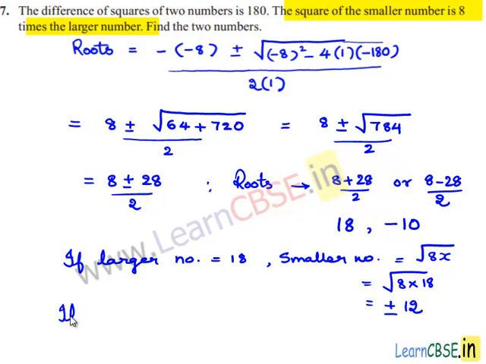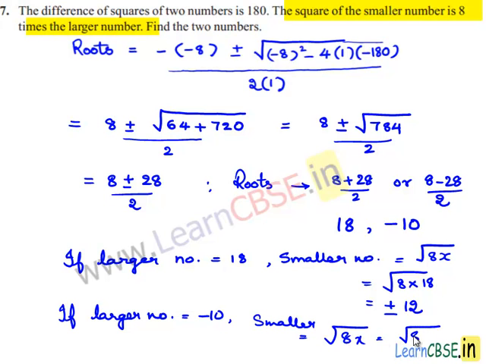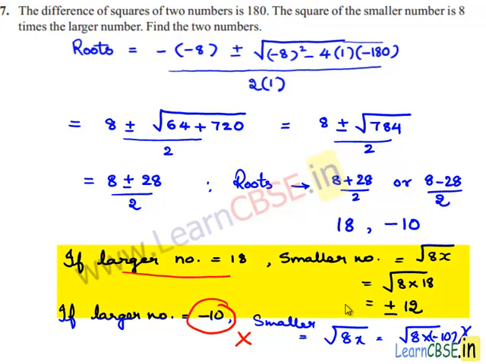If larger number is equal to minus 10, smaller number is equal to square root of 8x, which is equal to 8 times of minus 10, which does not exist. Therefore, we must not take larger number as minus 10. This is because smaller number does not exist for the larger number minus 10. Hence, the larger number is 18 and the smaller number is plus or minus 12.